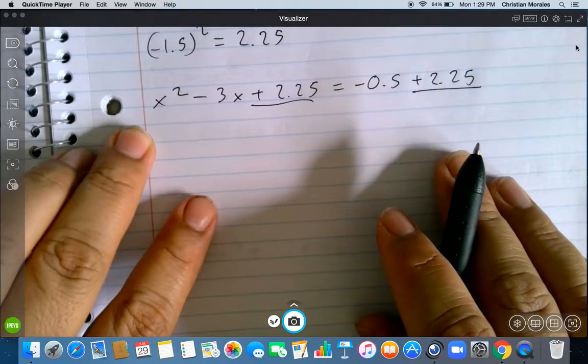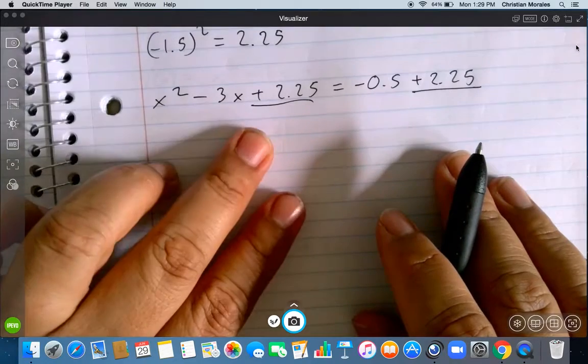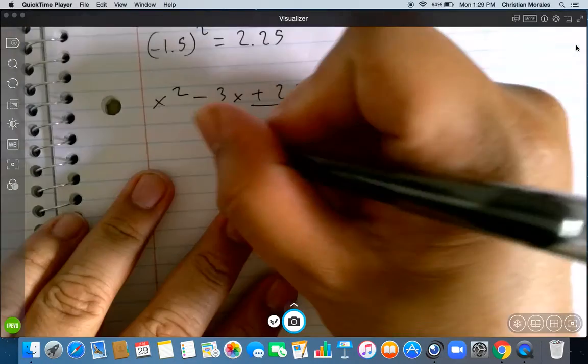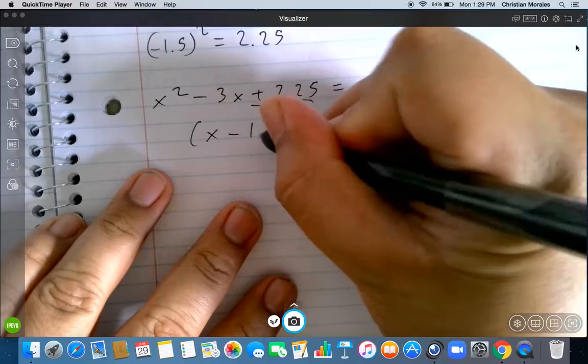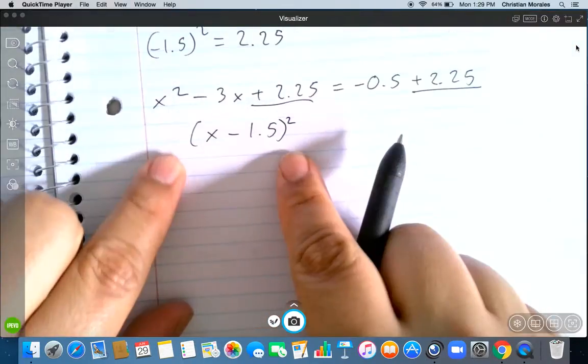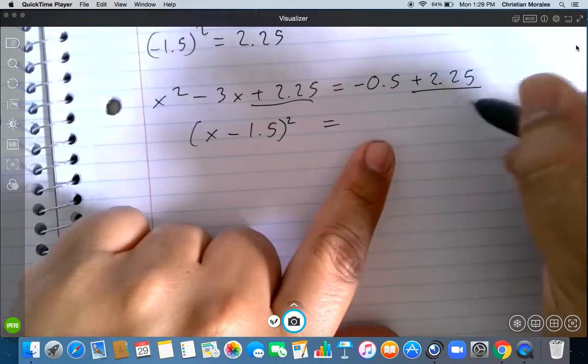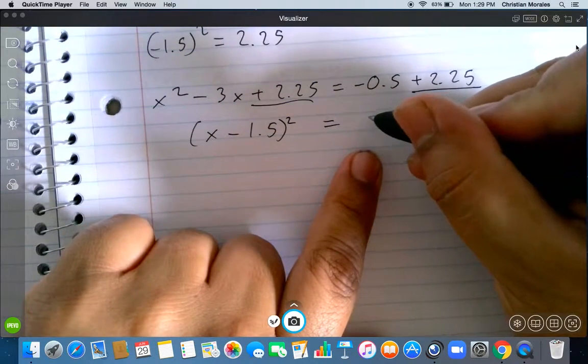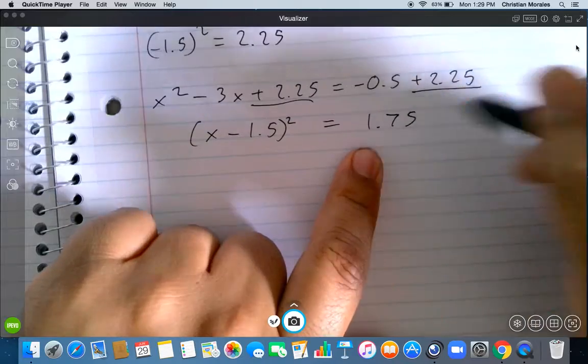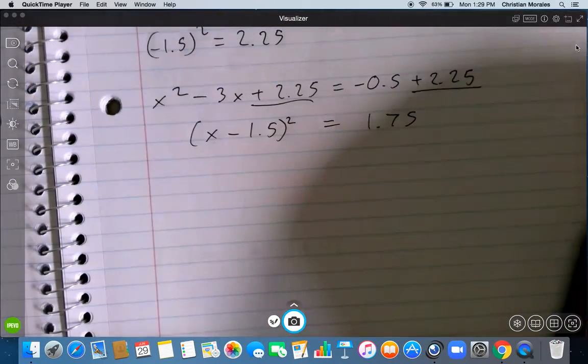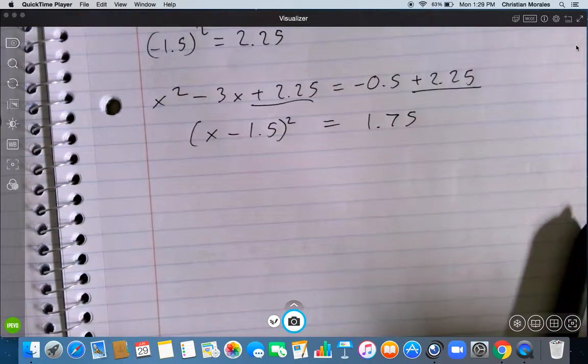Okay. This I can write in my factored form. X minus 1.5 squared. That's the factored form of this expression. Here, this would become positive 1.75. Okay? And I gotta continue to solve this problem.